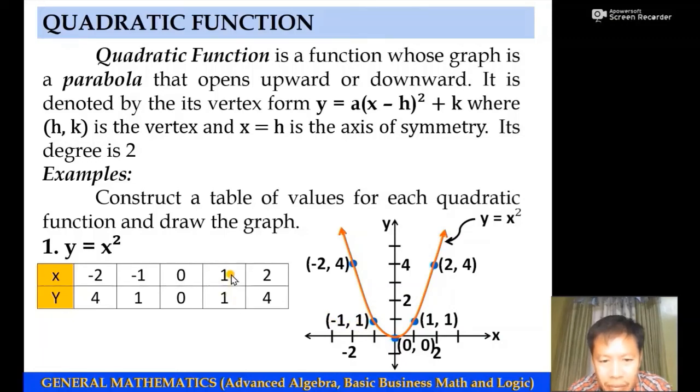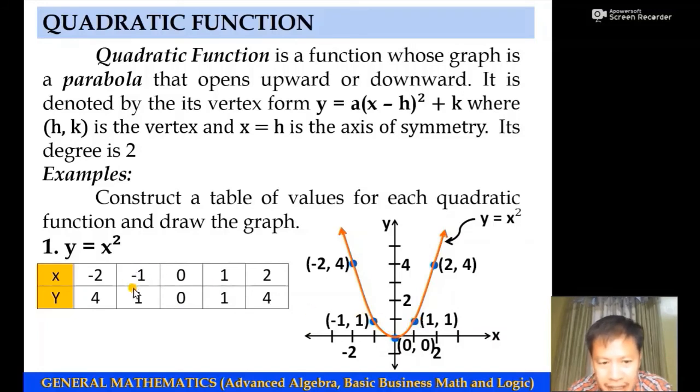Now, consider this one, because these points are symmetric with each other. This is the axis of symmetry, meaning whatever point you have here has a corresponding point symmetric with it. Therefore, I am going to plot this point. x is equal to positive 1, move to the right. Then move upward because your y is positive, and this is a point.